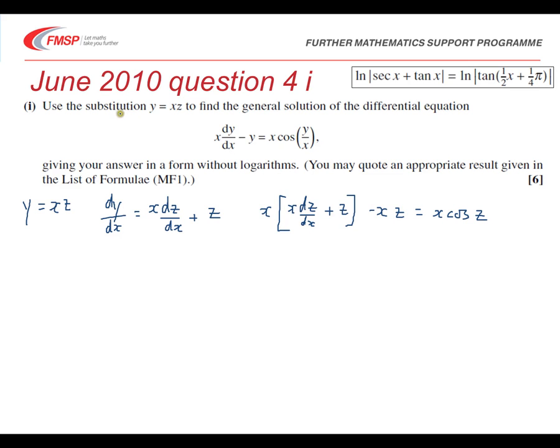Now we're not quite in a position yet to integrate to solve our differential equation, so we need to do a bit of collecting together of terms here. I'm going to have x squared dz by dx. I'm then going to have xz minus xz, which will cancel, and my right hand side now becomes x cos z.